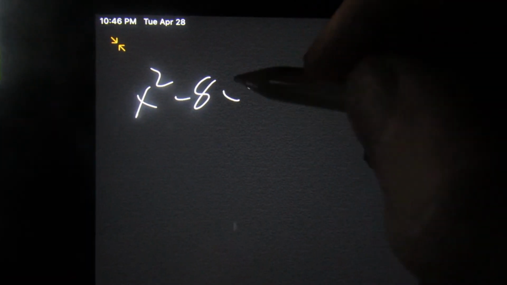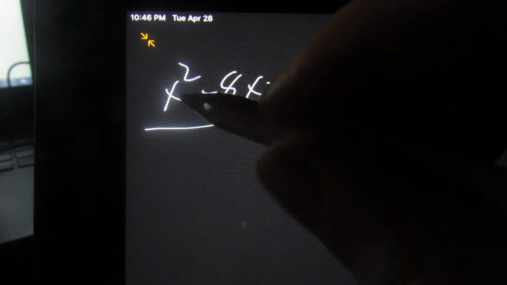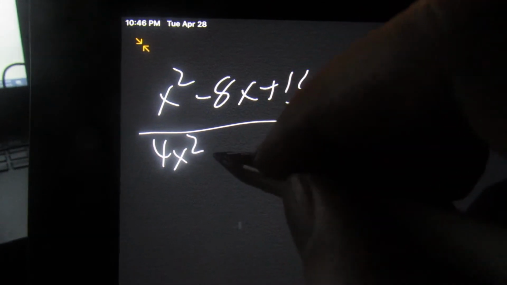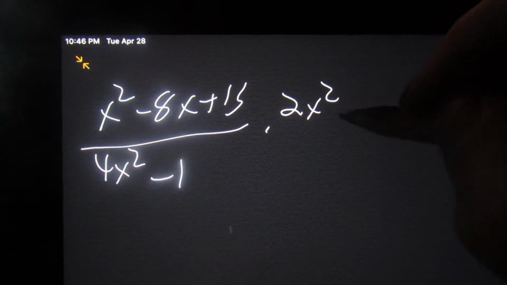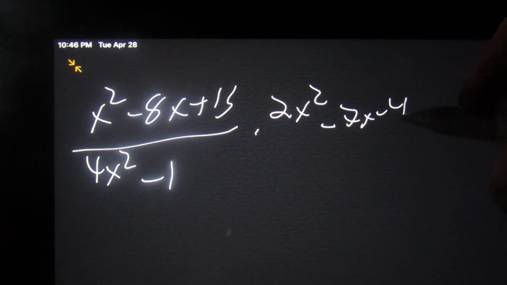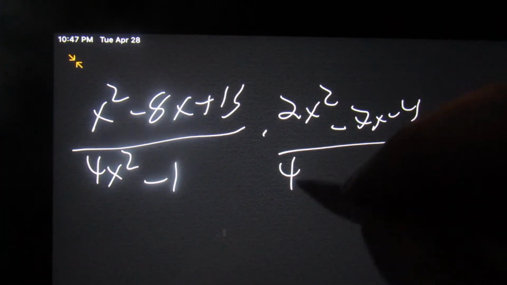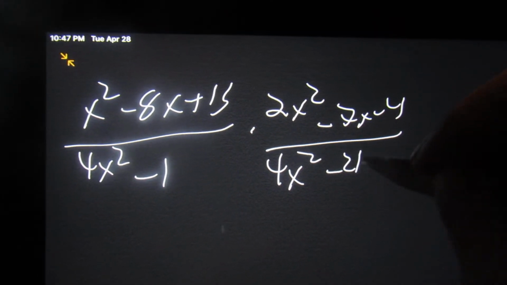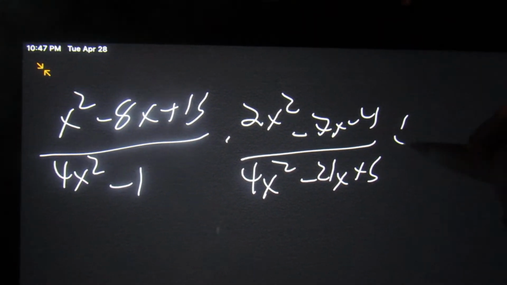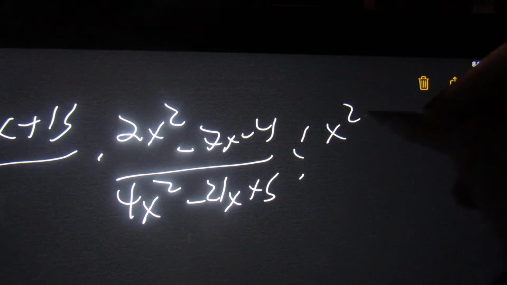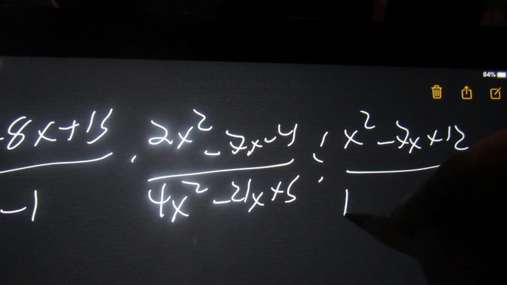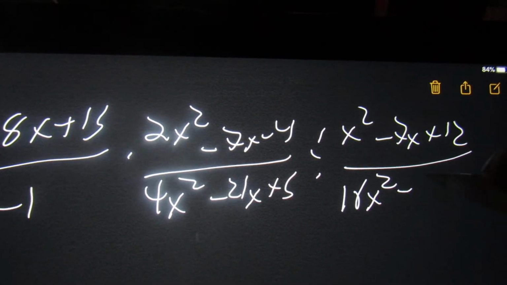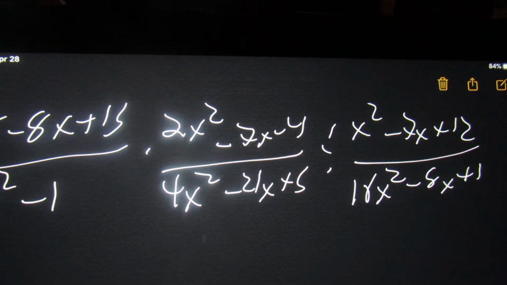expressions. So x squared minus 8x plus 15 over 4x squared minus 1 times 2x squared minus 7x minus 4 over 4x squared minus 21x plus 5 divided by x squared minus 7x plus 12 over 16x squared minus 8x plus 1.